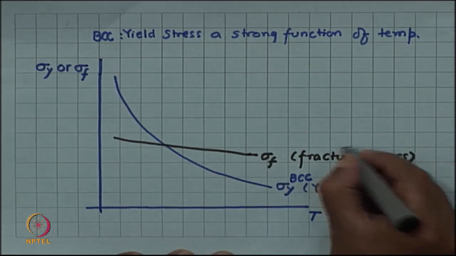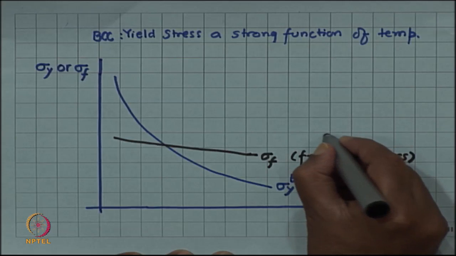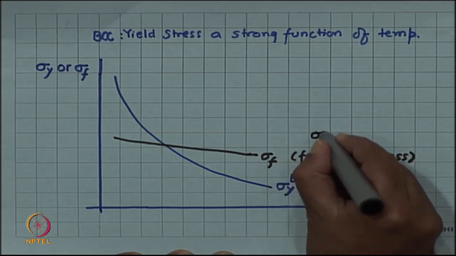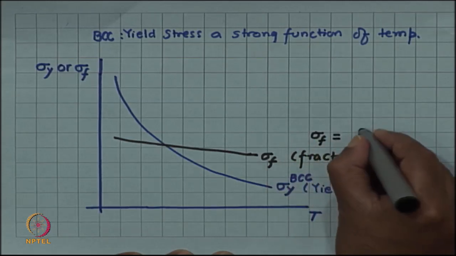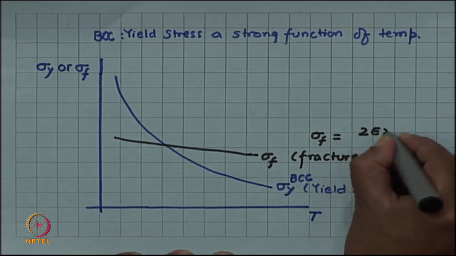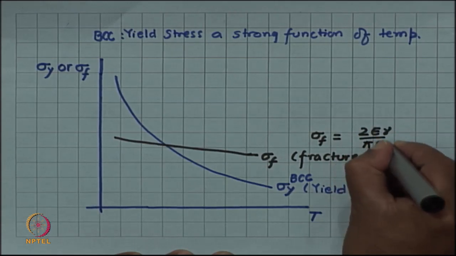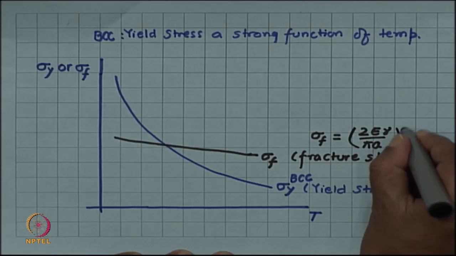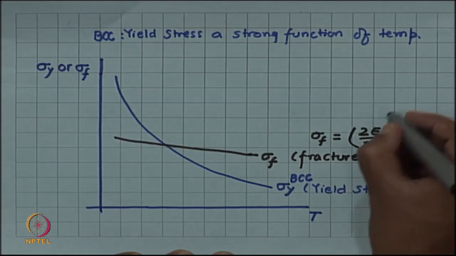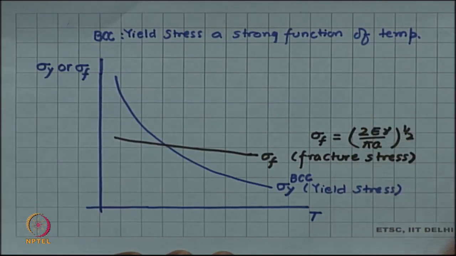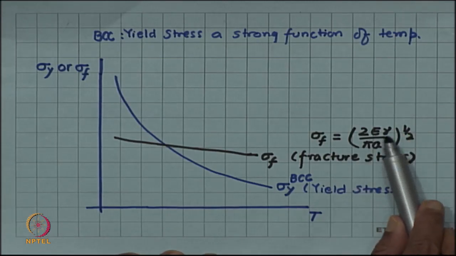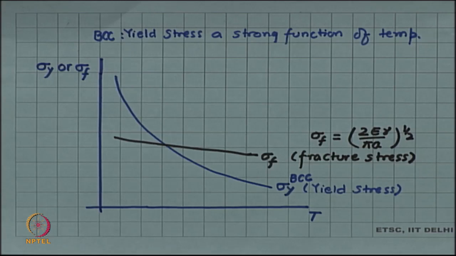Which will mean, if you remember from Griffith's analysis, we had sigma f equal to the square root of 2 E gamma by pi a, where E was the Young's modulus and gamma was surface energy. So, Young's modulus and surface energy, if they are not very strong functions of temperature, then this may be the situation.